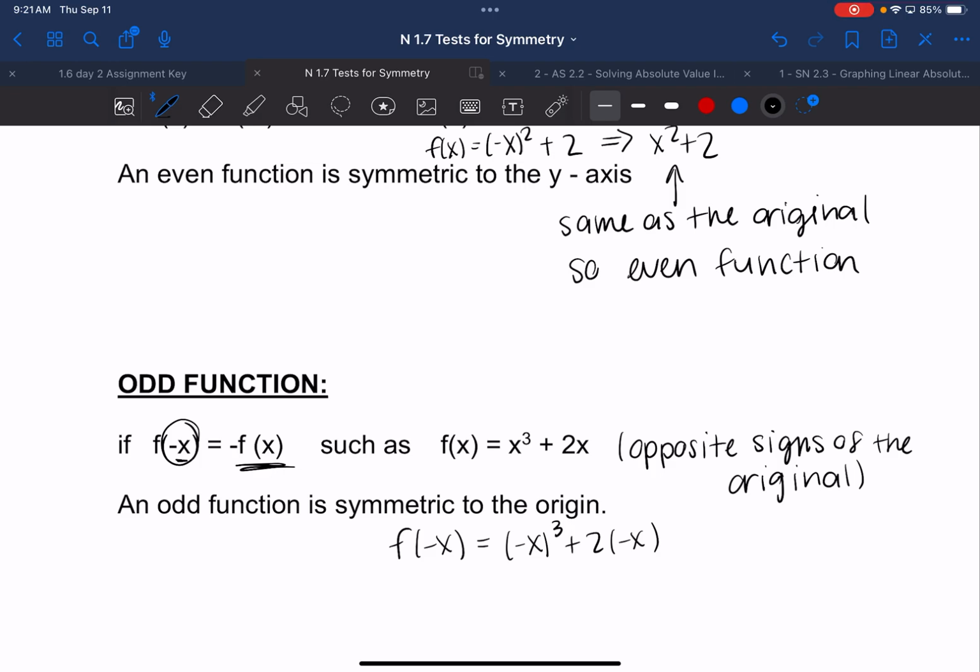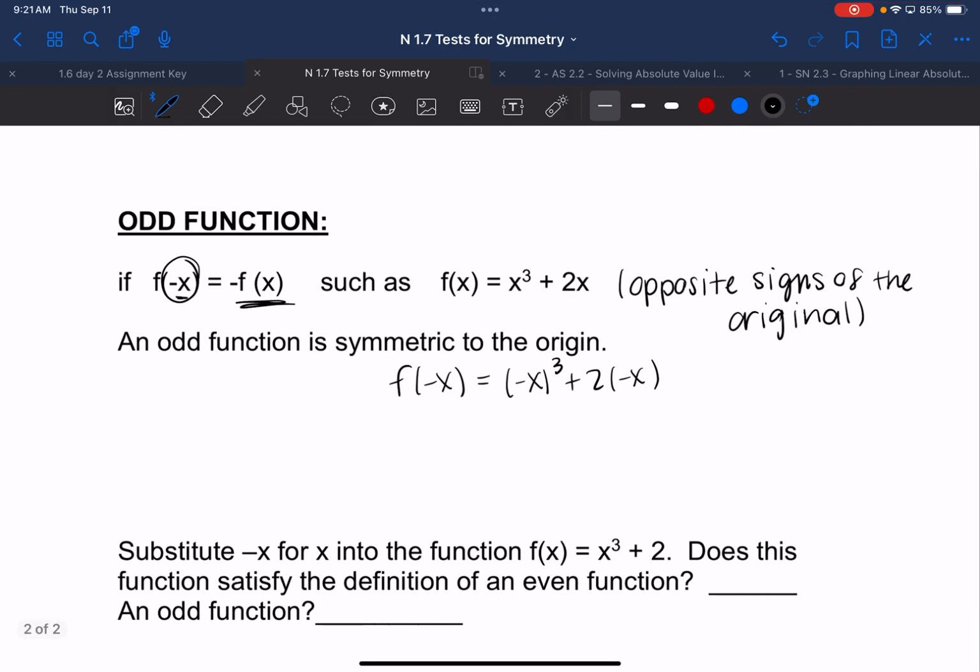Okay, well, raising something to the third power isn't going to make it positive, right? So this would be negative x cubed, and 2 times a negative x would be negative 2x, right? So it does not look identical to the original, so not even, right?